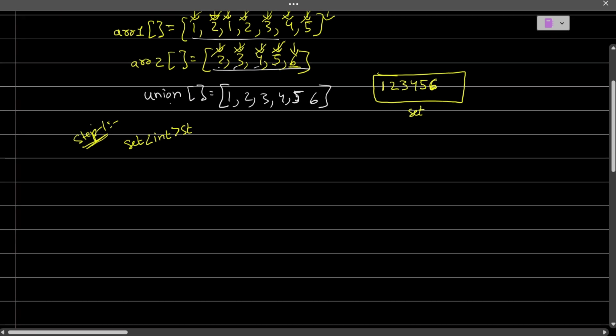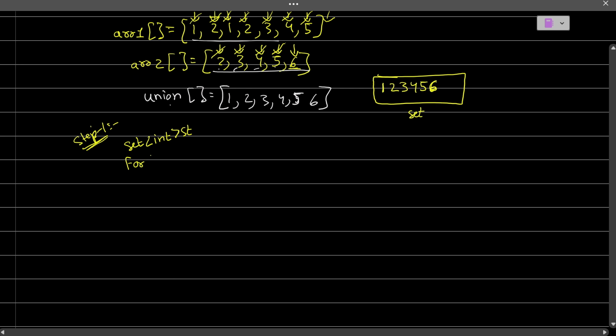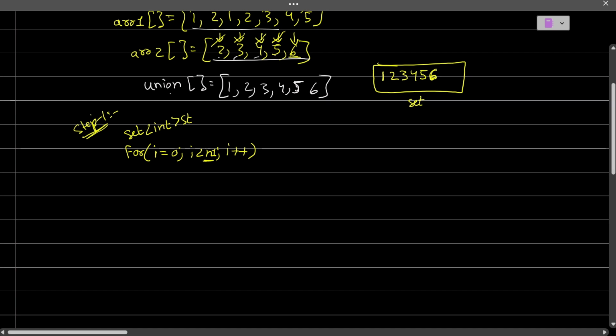Let's try to write a loop. I'm going to write a for loop first. I say i equals 0, i is less than n1, i plus plus. I say n1 because we're iterating the first array. Then temp dot add array one of i.